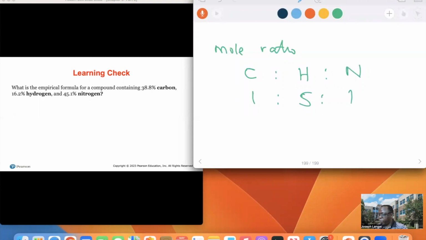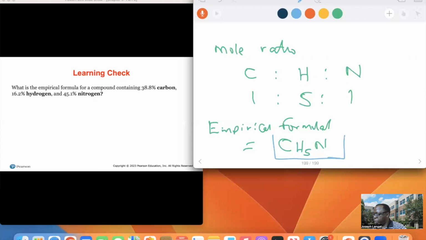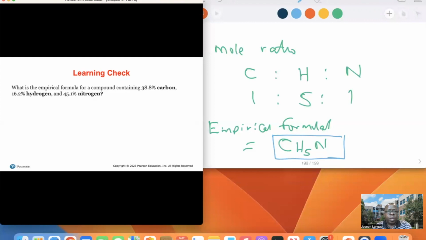And the empirical formula is CH5N. CH5N, and this is the empirical formula for that. Okay. So that's how you will proceed.